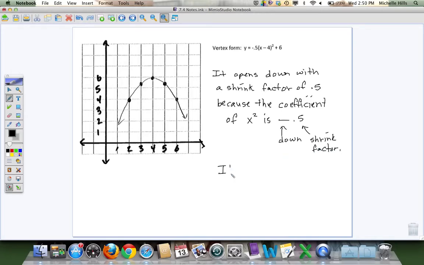It is in vertex form, so I can see the vertex is positive 4, positive 6.